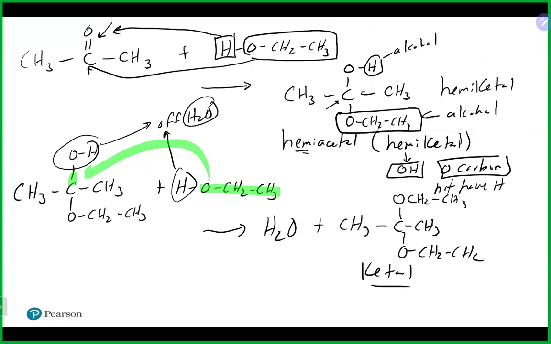A ketal is like an acetal, but it derives from a ketone, which is why it's called a ketal. This has, just like the other one, two oxygen carbon groups and no hydrogen. So that is the difference.